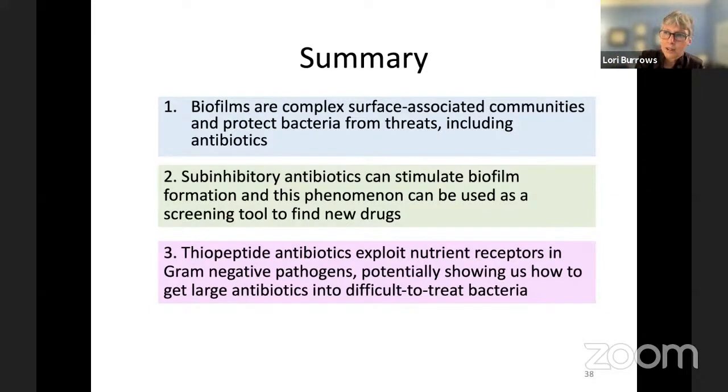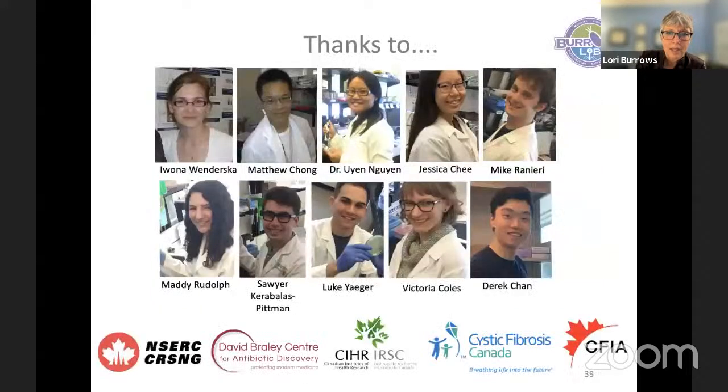And I also gave you a story about how thiopeptide antibiotics, which we discovered through this biofilm phenotype, exploit nutrient receptors, specifically iron uptake receptors, in gram-negative pathogens. And this is potentially giving us an idea of how we could find ways to get really large antibiotics into difficult to treat bacteria so that we can expand our repertoire of antibiotics for these difficult pathogens.